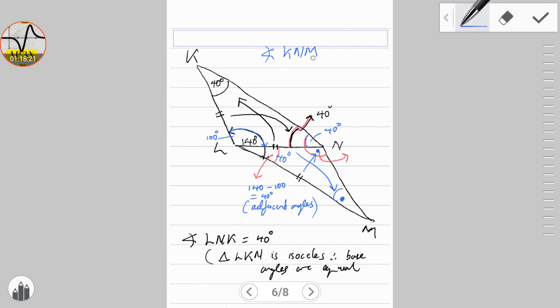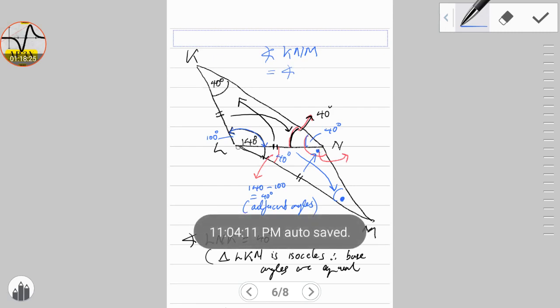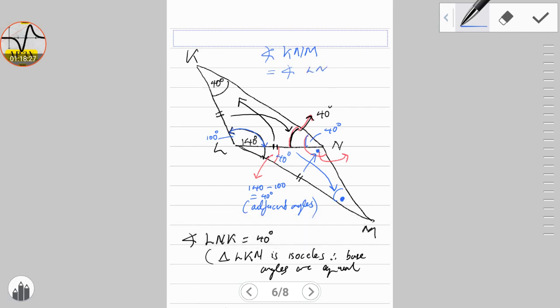So I can go ahead and say, angle LNM equals 180 minus 40 divided by 2, and that's equal to 140 divided by 2, and that's going to be 70 degrees each.